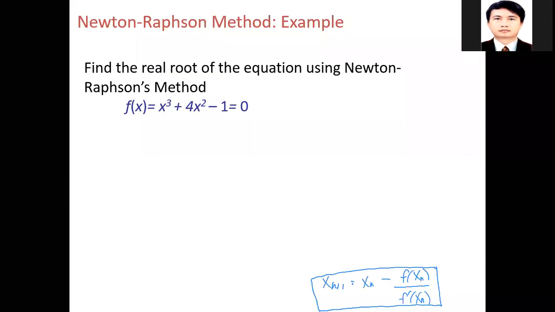So, example. Let's say we want to find the real root of the equation using the Newton-Raphson. We're given here the equation f of x equals x raised to 3 plus 4x squared minus 1.